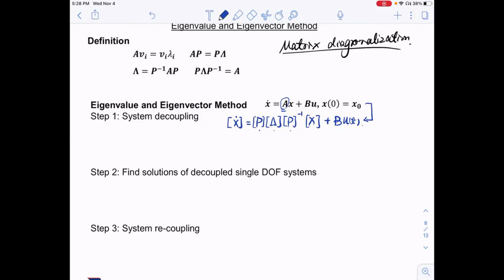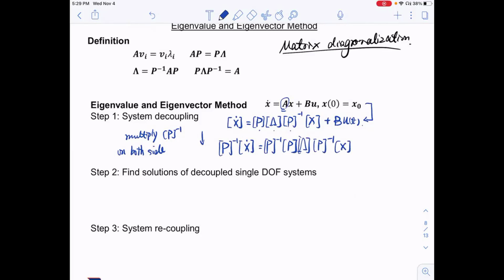Then we multiply P inverse on both sides. You have P inverse x dot equals P inverse P lambda P inverse x plus P inverse B u(t).